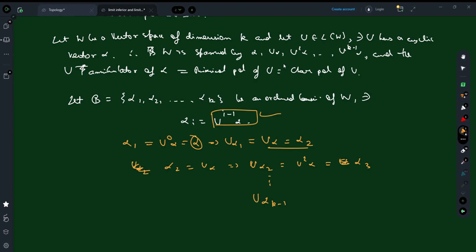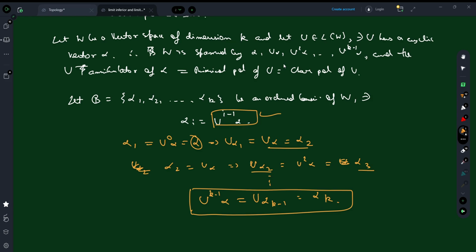So U of alpha k minus 1 is nothing but alpha k, right? So if U of alpha k minus 1 is equal to alpha k, then that's basically U to the power k minus 1 alpha.